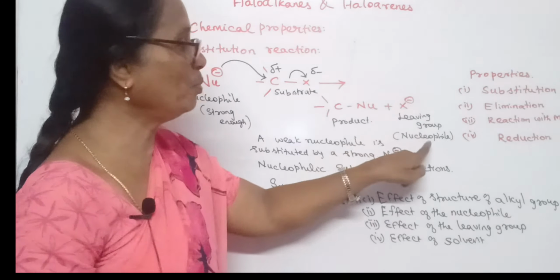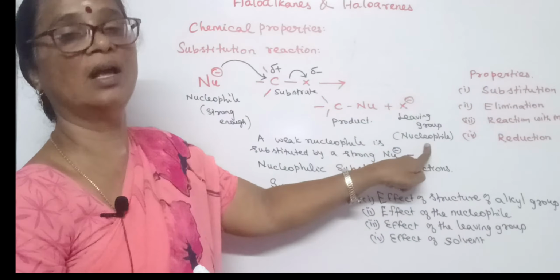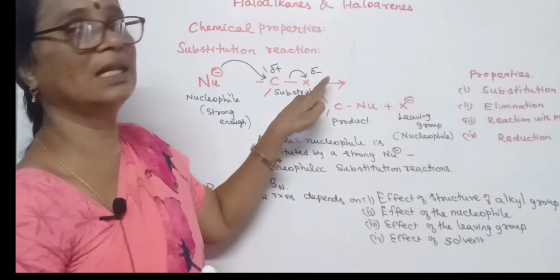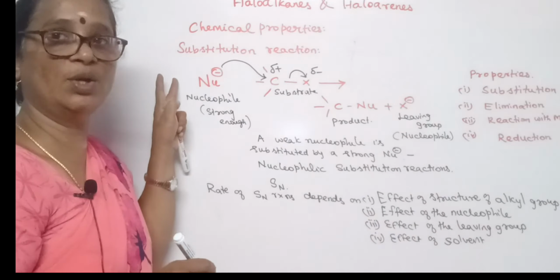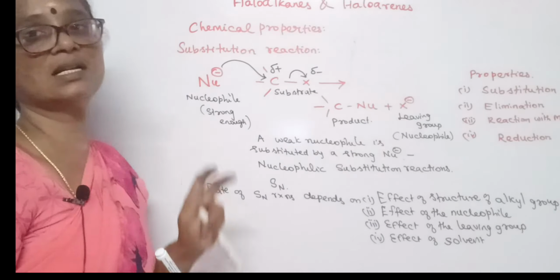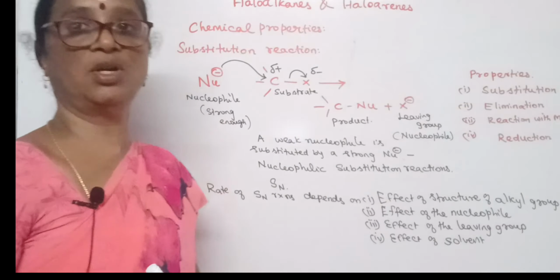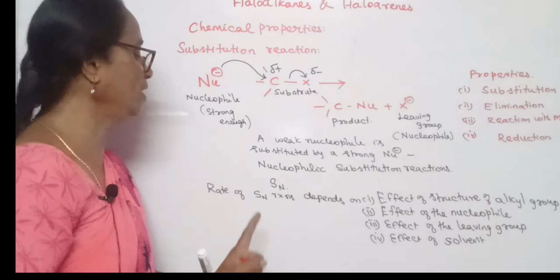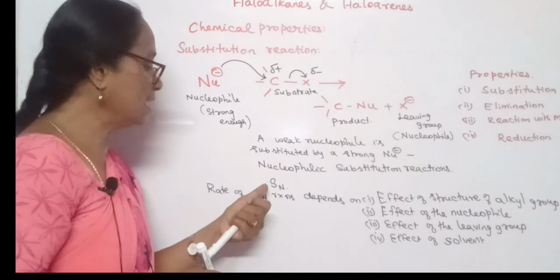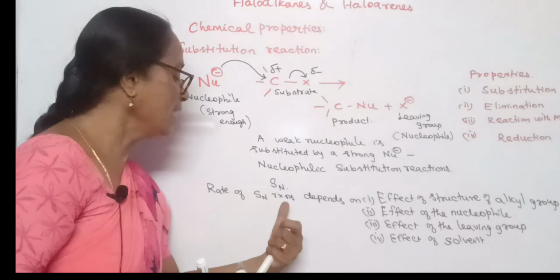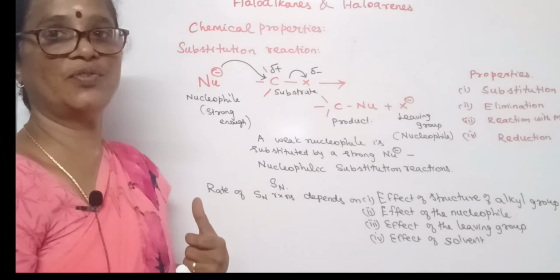Here the leaving group is also a nucleophile. So one nucleophile, that halide ion, is being substituted by another nucleophile. Such reactions are said to be nucleophilic substitution reactions, represented as SN. S stands for substitution, N stands for nucleophile.